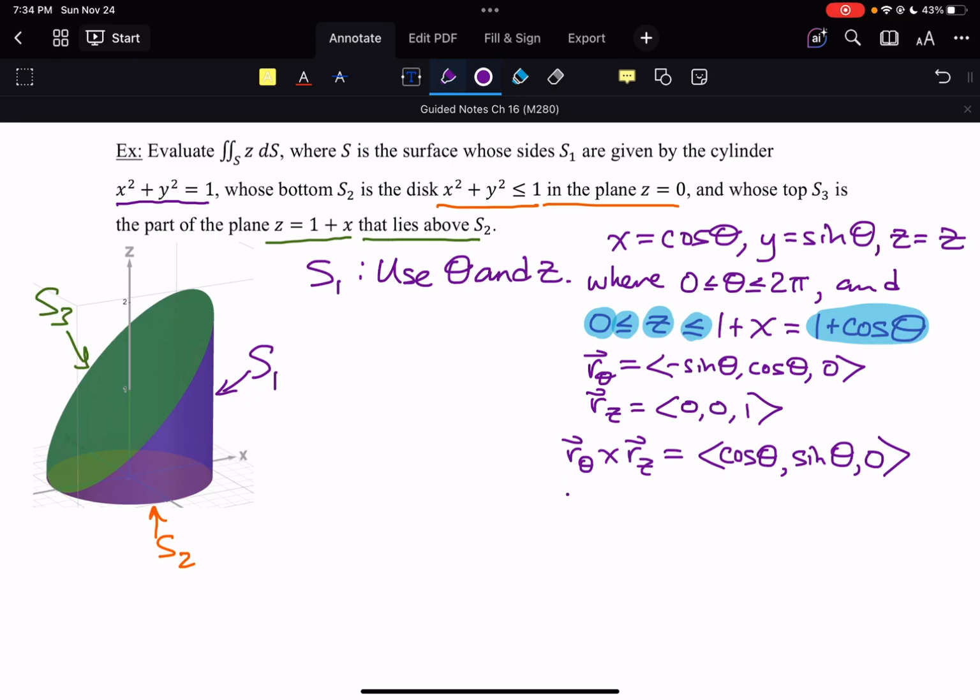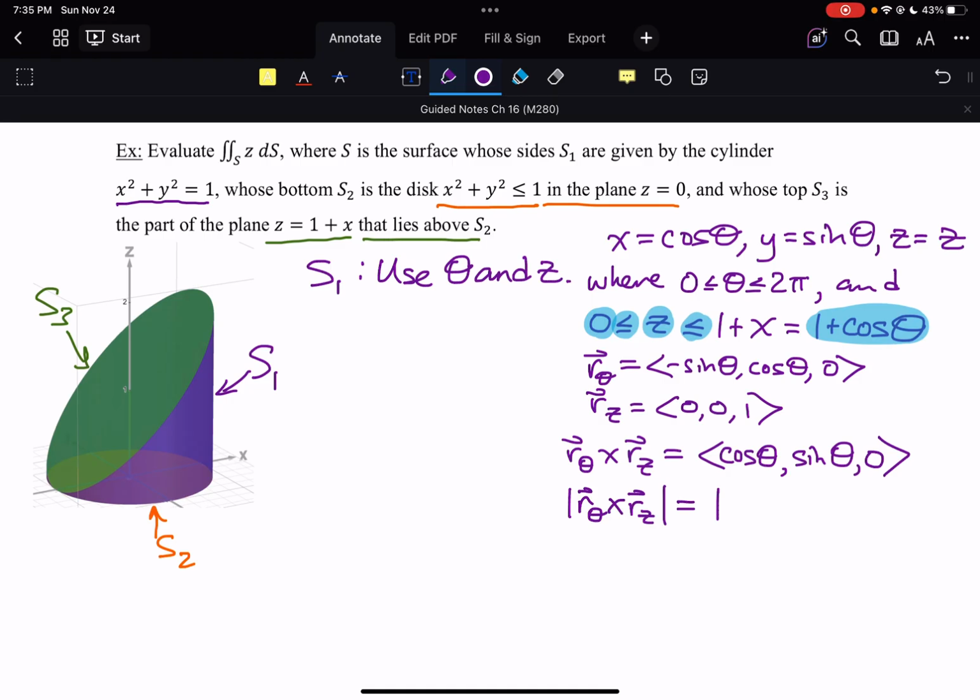And then we need to get the magnitude of that. And obviously, if we go through the magnitude calculation, we end up getting sine squared plus cosine squared is 1. Square root of that is 1, so that's just a 1. So that's nice. That's going to work out in our favor here.